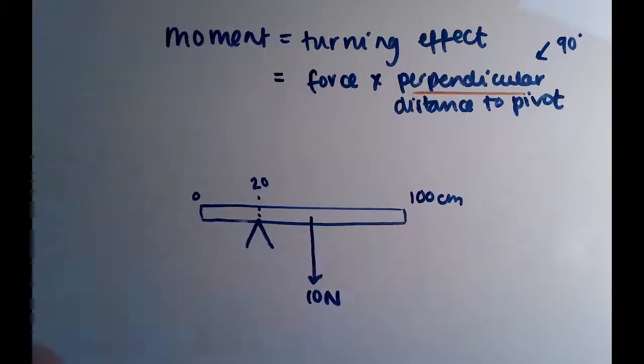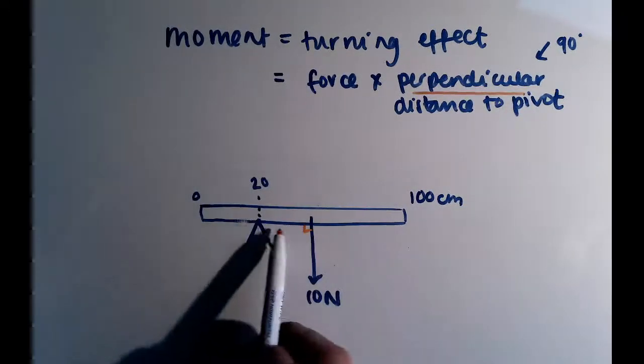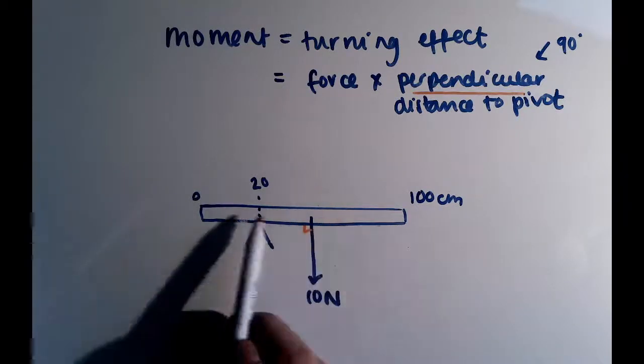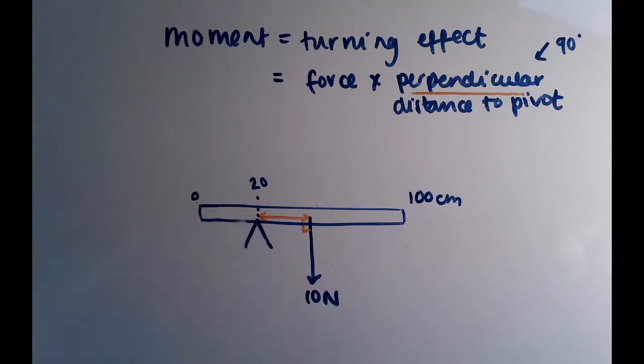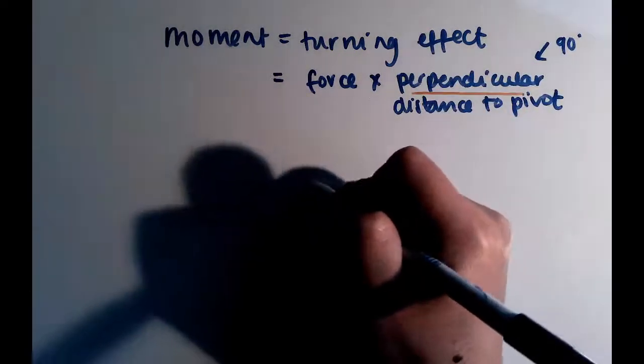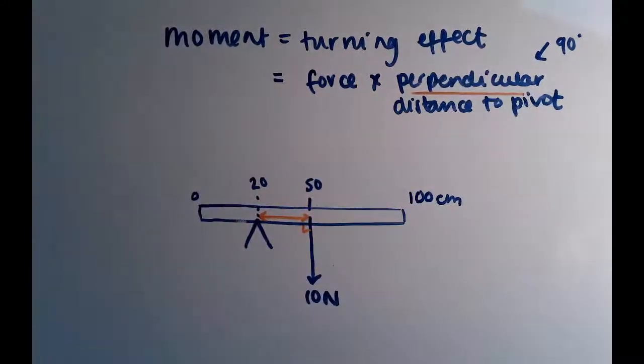Okay, so what we always want to do is we want to make a little right angle with the force and find the distance to the pivot that's along that plane. Okay, so we're going to find this distance here. Now we're going to assume that it's a uniform ruler, so the centre of mass will act at the 50 centimetre mark, and so the distance between the pivot and the force is 30.